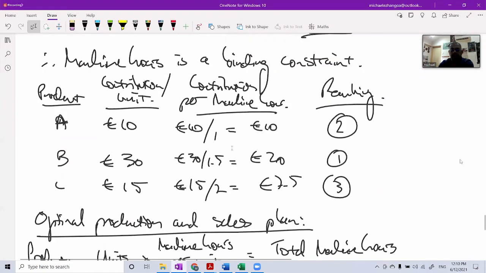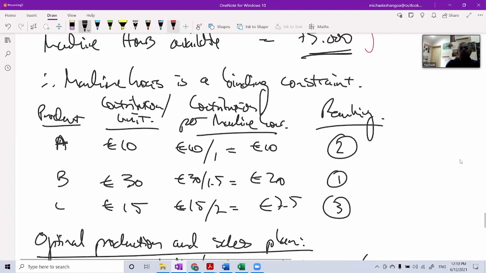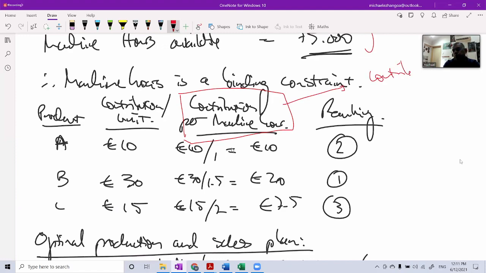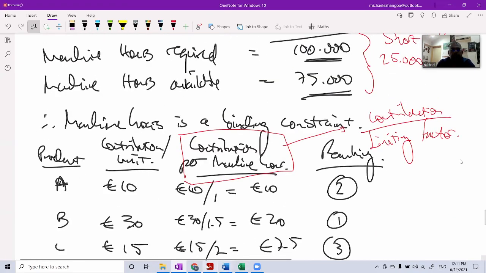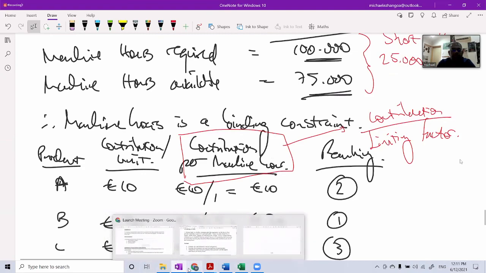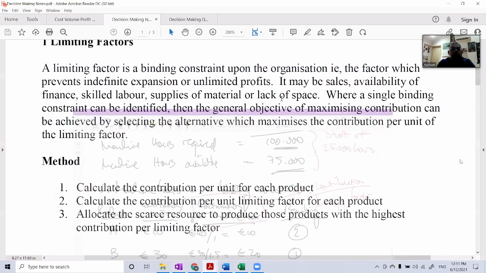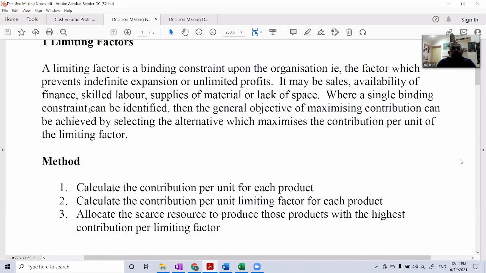All right, contribution per machine hour, this calculation over here is contribution per limiting factor, which in our example is machine hours. All right, contribution per limiting factor.